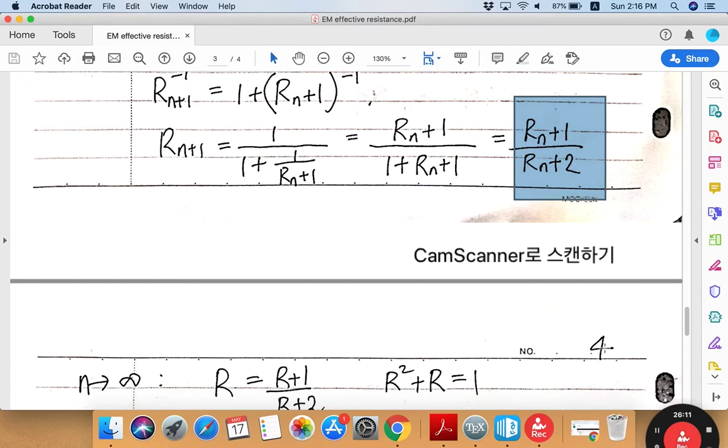So what this formula tells us is that if you know the node-to-node resistance from node A to node B in the case of n triangles stacked on top of each other, then you can easily deduce the node-to-node resistance when there's one more triangle added to the previous structure.